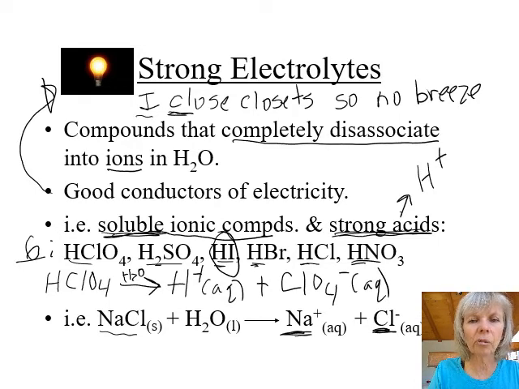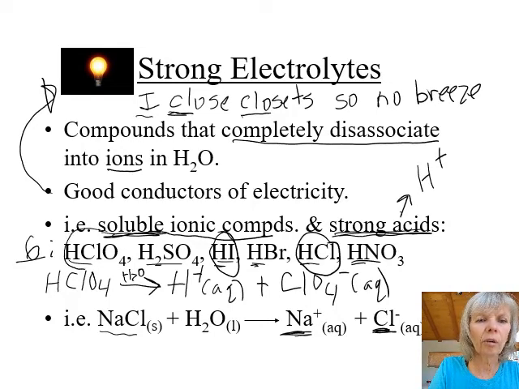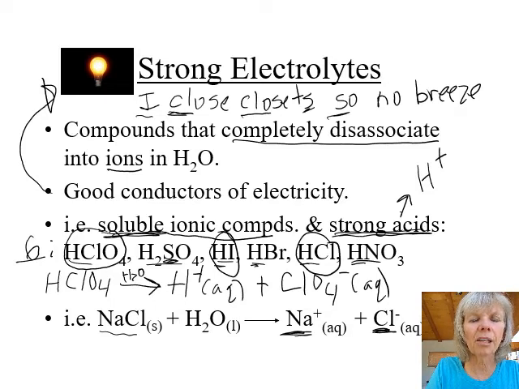Cl in close represents HCl. Then ClO represents HClO4, and notice this is plural, so it has 4 oxygens. Then S represents the S in H2SO4. The N is in HNO3. And the Br is HBr.